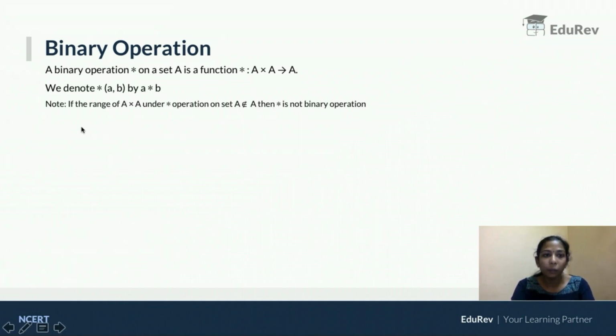And one more thing you have to remember: if the range of the Cartesian product on A under the star operation on set A does not belong to A, then star is not a binary operation.